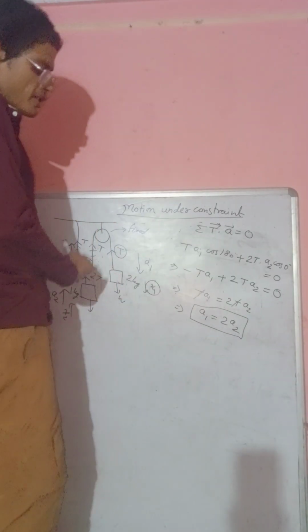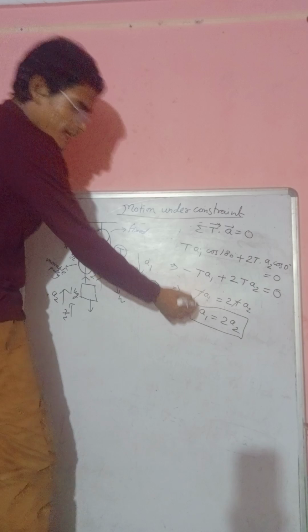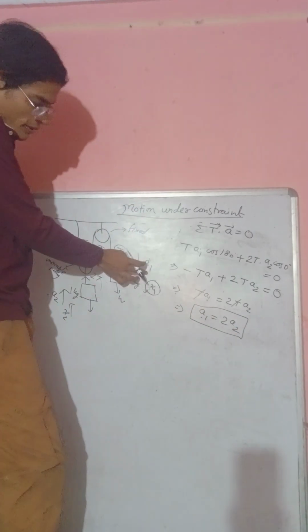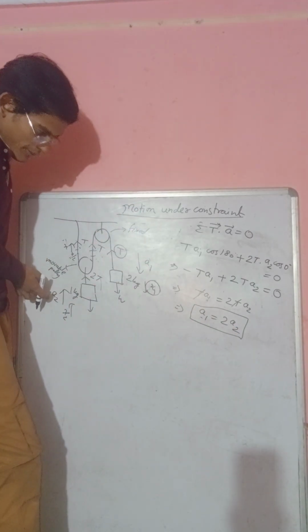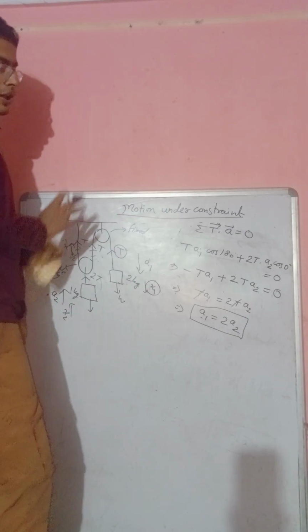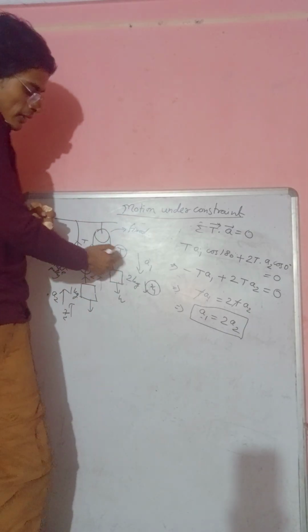Now the relation between the accelerations of both the blocks is that A1 is equal to A2. A1 is this one, A2 is this one. Now next we have to find out the tension force.